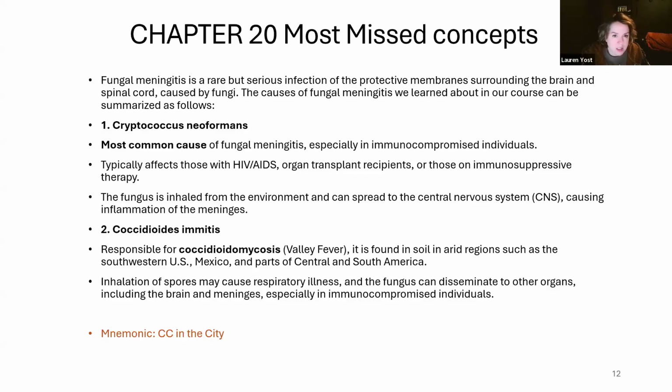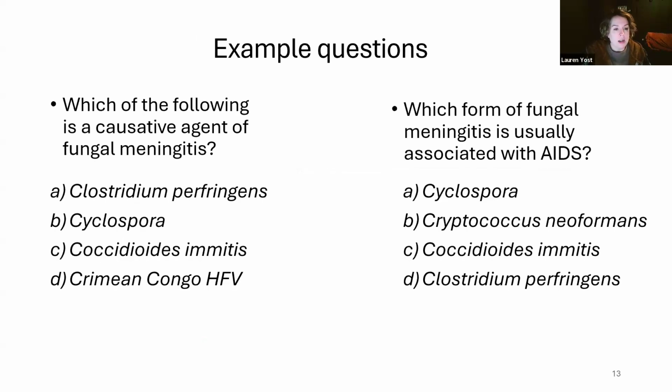It's usually found in the southwest of the United States, like in Arizona, the southernmost parts of California, areas like that. Both of these are associated with inhaling the spores. With Cryptococcus neoformans, the spores are typically found in bird droppings, whereas with Coccidioides immitis, the spores are found in the environment, just naturally.